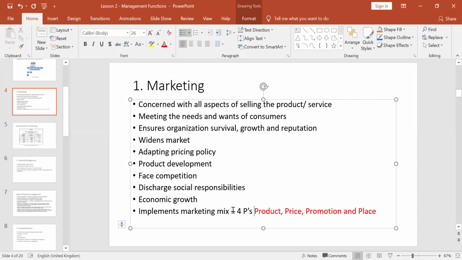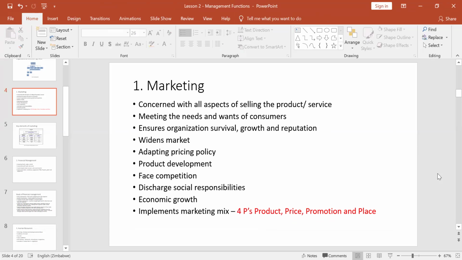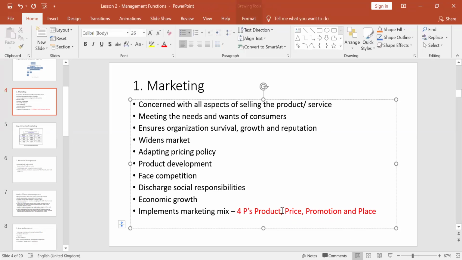The 4 Ps: product, price. So day in, day out, the marketing team, these are the tasks that they do for the organization. And their main focus is on the 4 Ps.